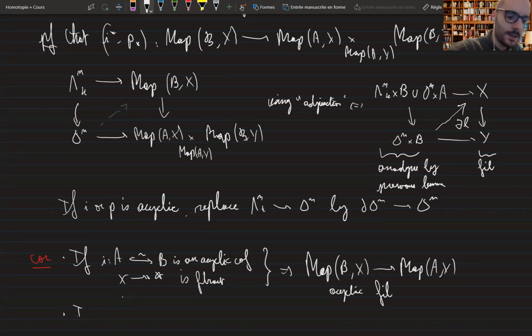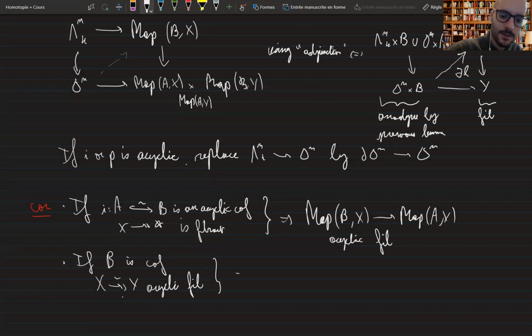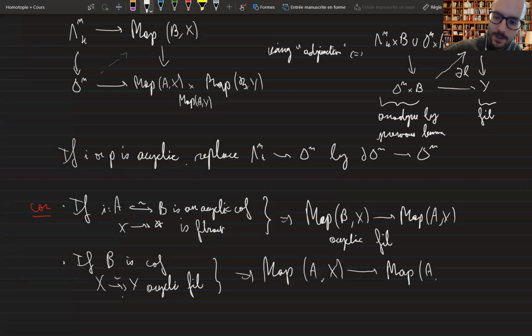And similarly, if A is cofibrant, but every simplicial set is cofibrant, of course, and maybe I should call it B to make clear how it works, and X to Y is an acyclic fibration, then the map from AX to the map of AY is an acyclic fibration, right?